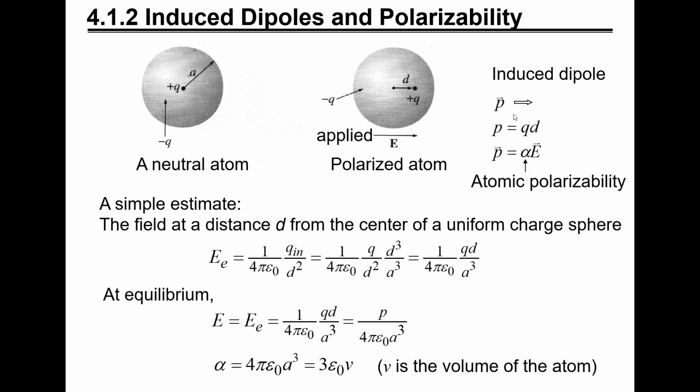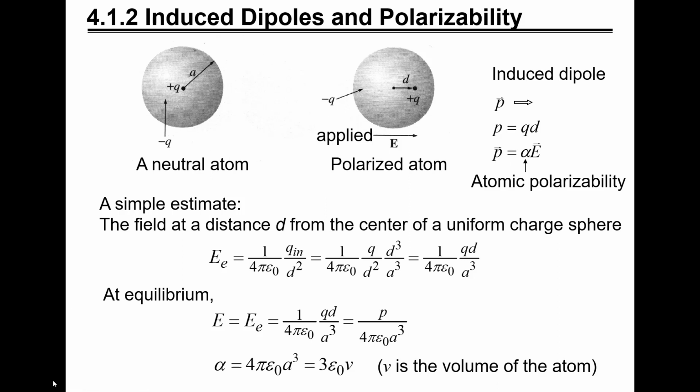So p, the induced dipole moment, can be expressed as this equation. It is proportional to the electric field, where this term here, alpha, or the atomic polarizability, is the proportionality constant. Now take note that alpha is dependent on the detailed structure of the atom.